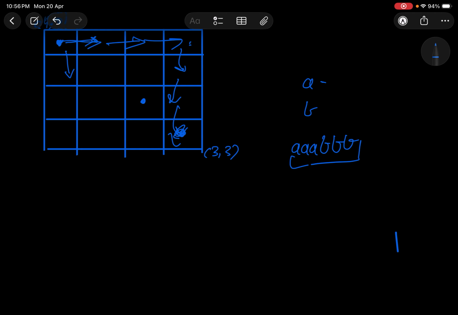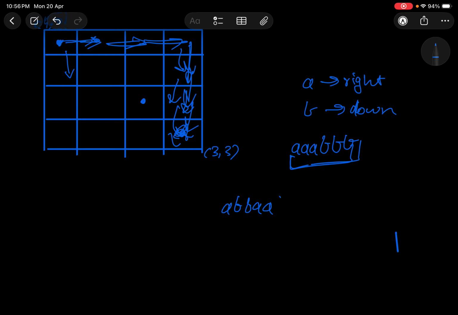For example, this is right and this is down. So A means right, right, right, and then B means down, down, down. Let's say our arrangement is A B B A B, and so on.